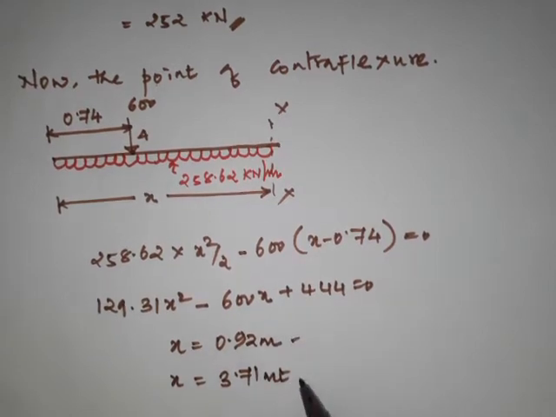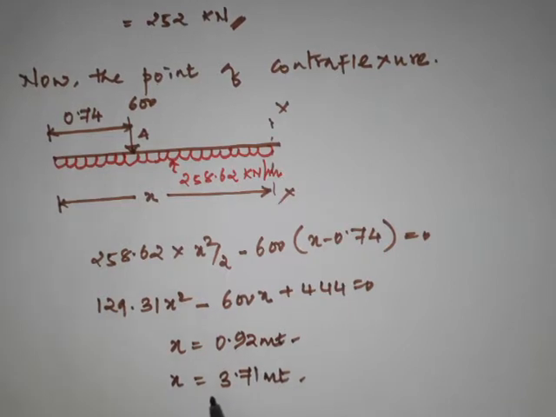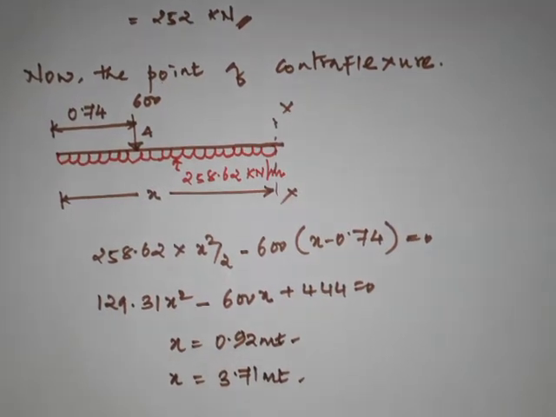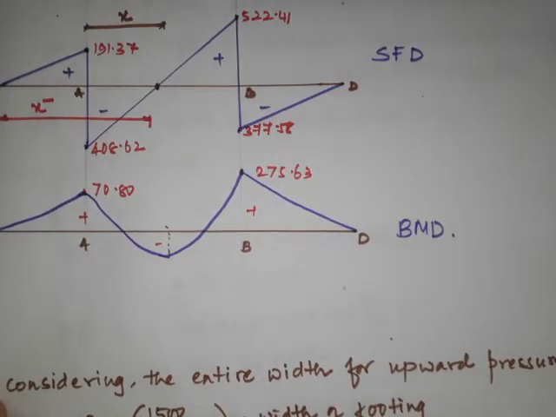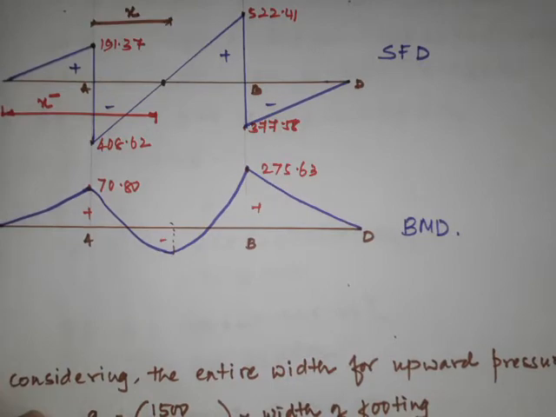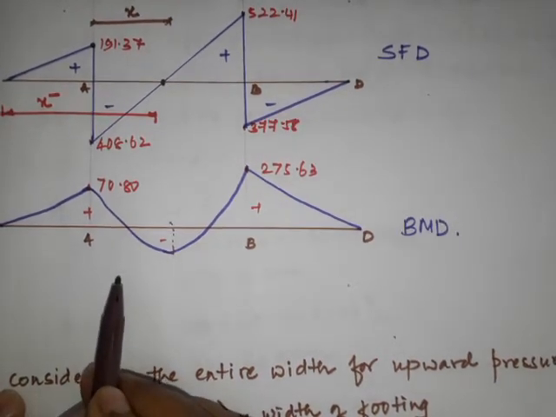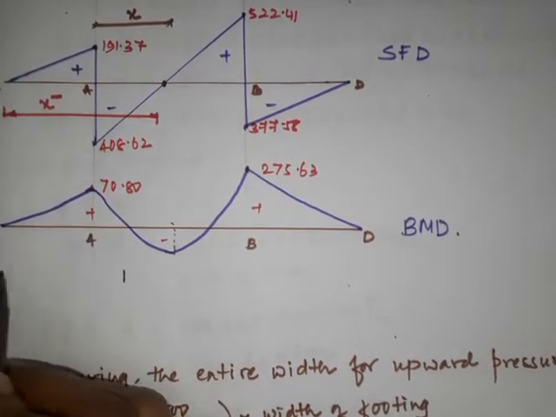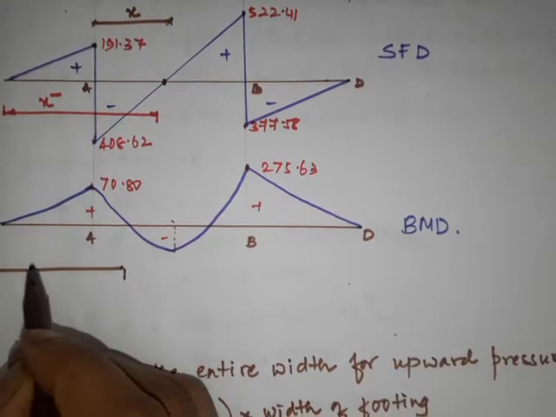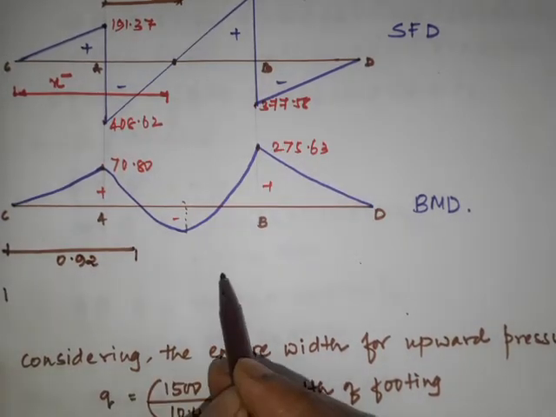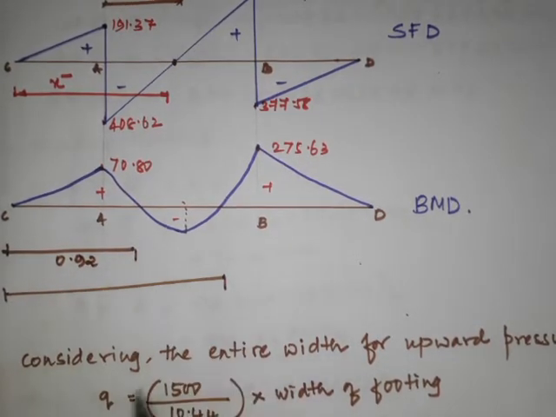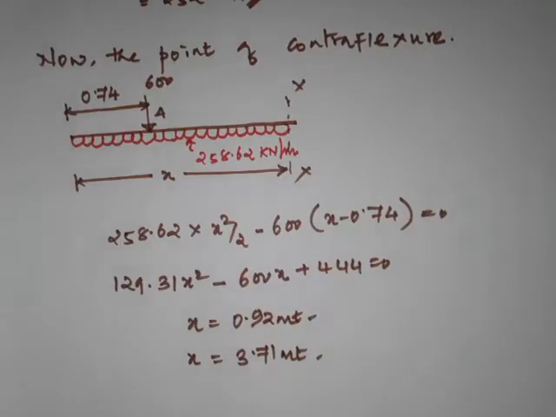So we will get two values for the point of counterflexure: x equal to 0.92 meter and x equal to 3.71 meter.